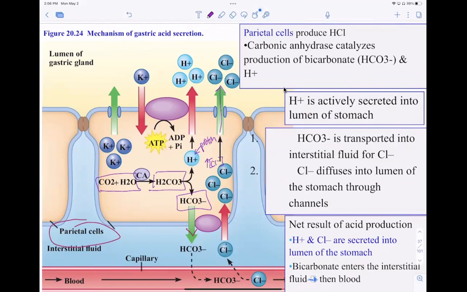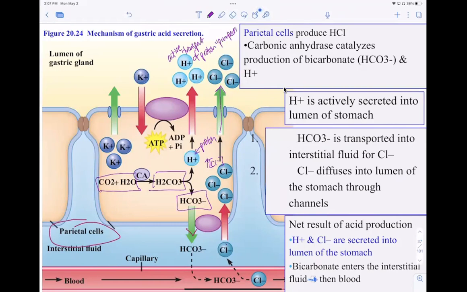But protons are actively transported. So protons are pumped into the lumen of the stomach, active transport with the use of a proton pump.